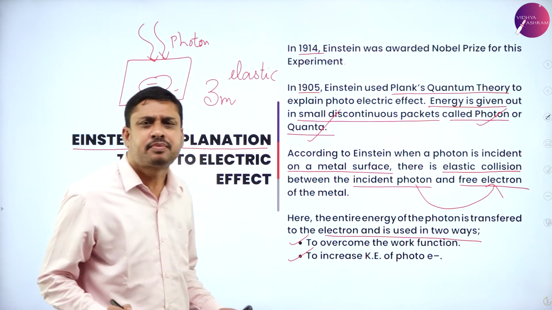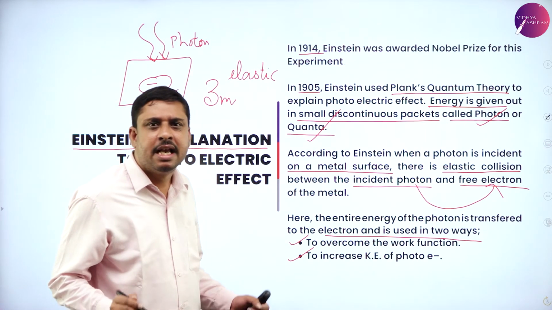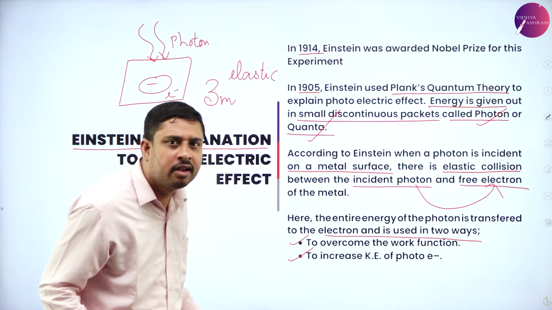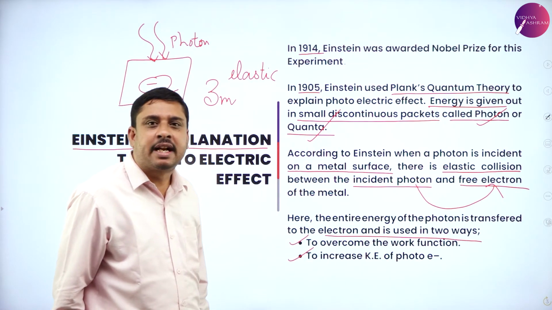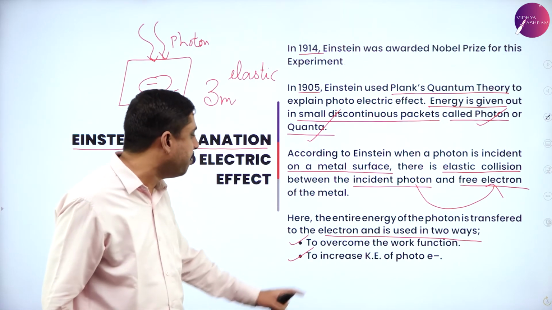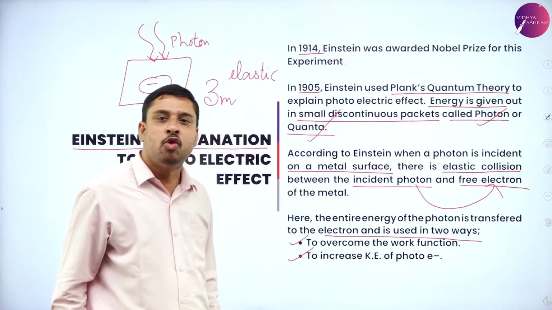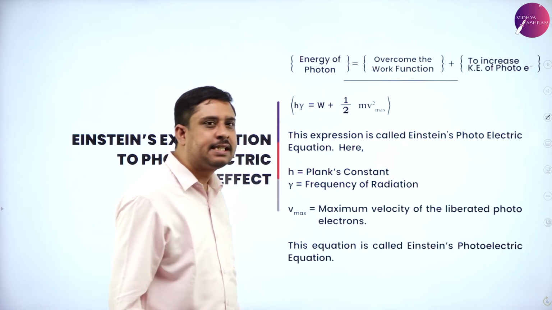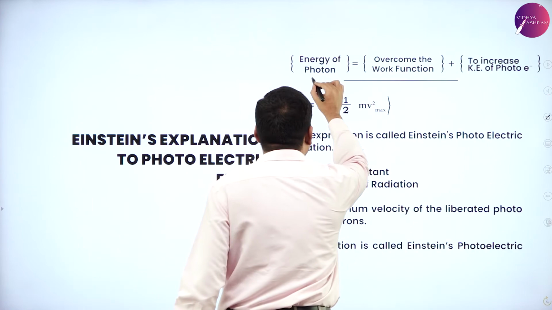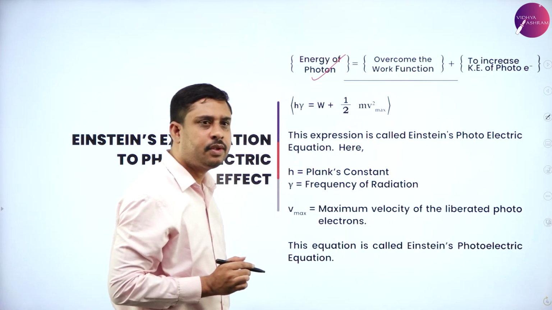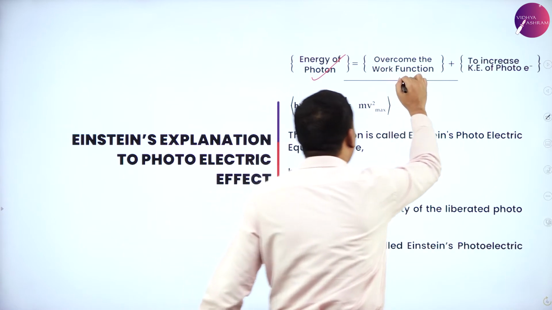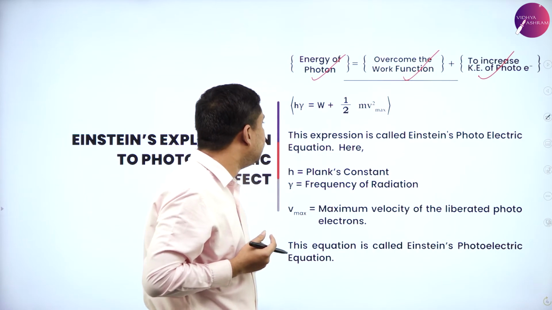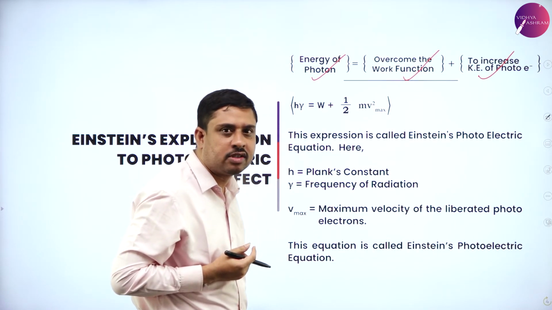So what are the two ways in which the electron is utilizing the energy of the photon? First, to overcome the work function of the metal, and second, to increase the kinetic energy. And therefore, Einstein says energy of the photon is equal to work function plus increase in the kinetic energy of the electrons.